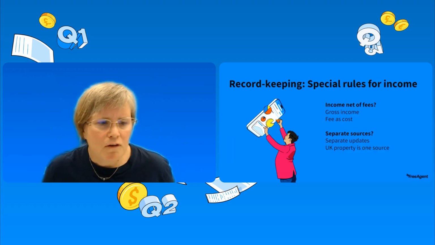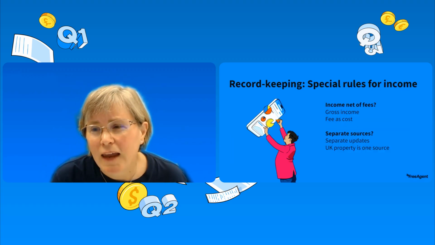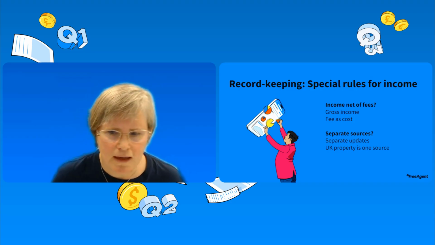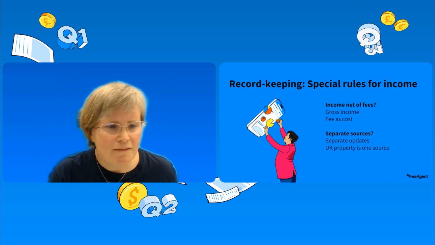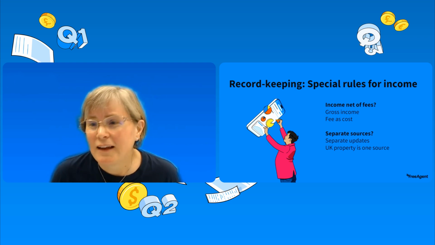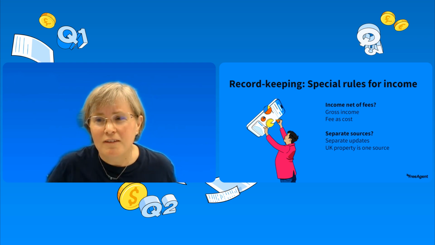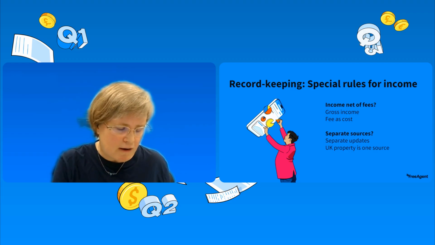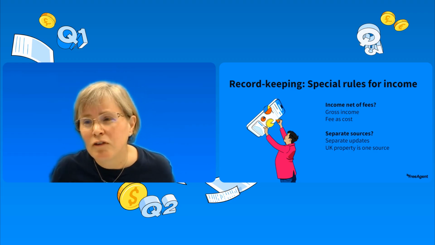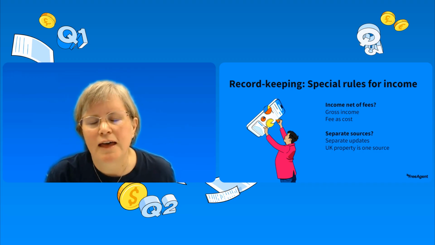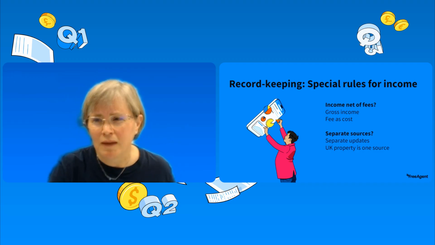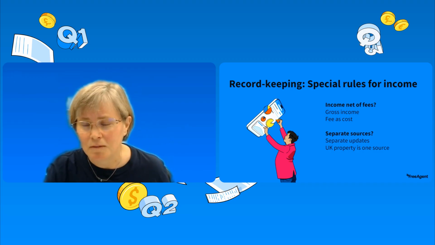Let's just focus for a minute on income and how that is treated for record keeping purposes. A lot of landlords do receive income net of fees, like letting agents' fees. For instance, you rent out a property, the rent you are charging to your tenant is £1,200 a month. Your letting agent keeps back £200 of that as their fee and they give you £1,000 each month into your bank account.